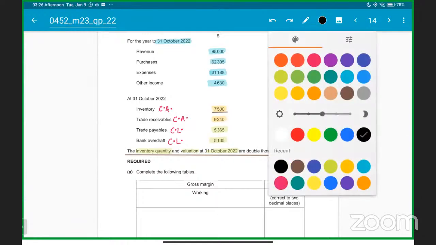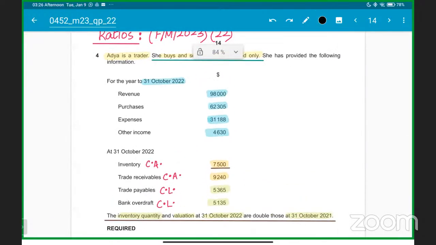So as always, we first find out the year. If the year is ending on 31st October 2022, it will have started on 1st November 2021.